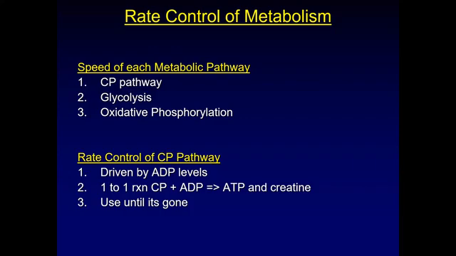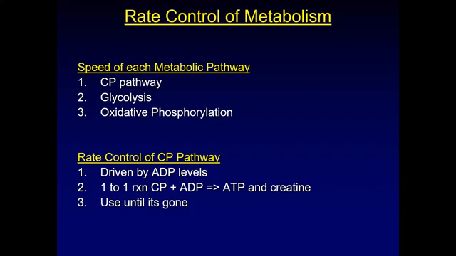When I say glycolysis in this, what I mean is glycolysis that takes glucose to pyruvate. The creatine phosphate pathway is the fastest. Glycolysis is the second fastest and the aerobic third fastest. So let's go through then and talk about where we control the rate of each of these three.